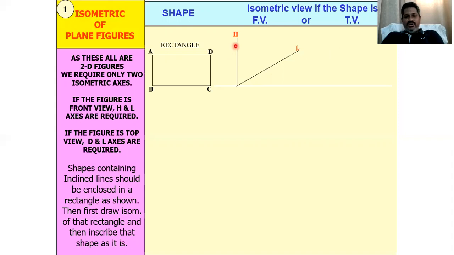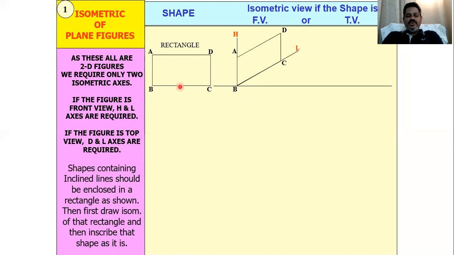So as you can observe here, this will be the height and this will be the length. Then draw a vertical line with a convenient length. This will become our height, the height of the rectangle. Then draw a construction line at an angle of 30 degrees, and this will be the length. As you can see, BC will be the length and AB will be the height.